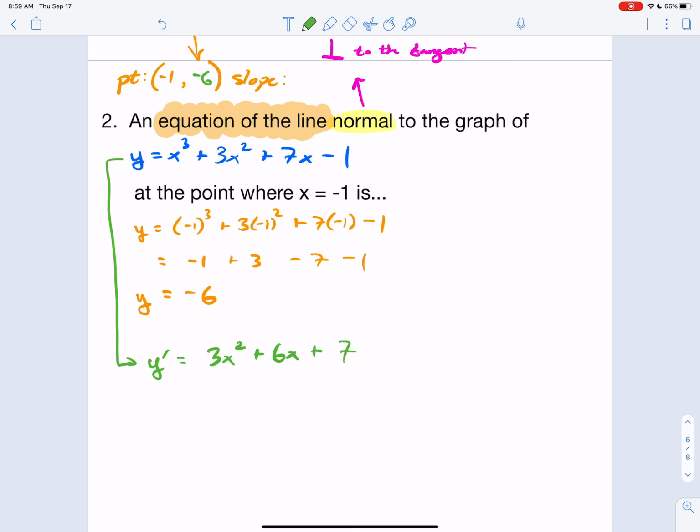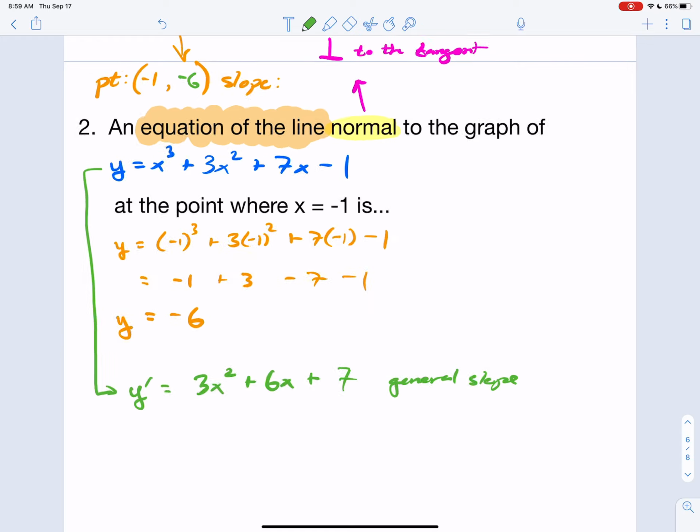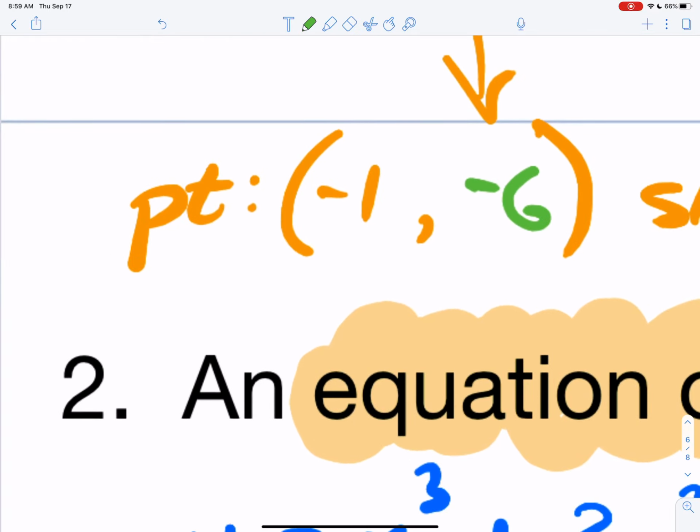Now, I need a slope, so I need a value. This right here is just my general slope. So I have to evaluate this where? Where exactly do I want to find my slope? I want to find my slope exactly at where my point is, right there.